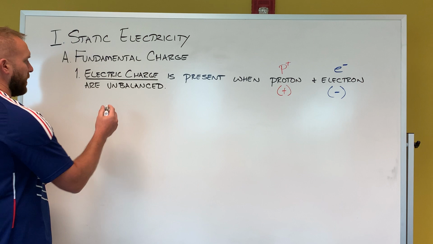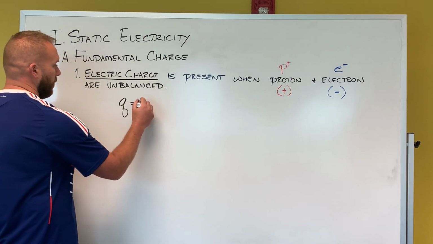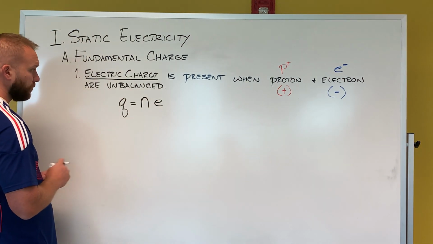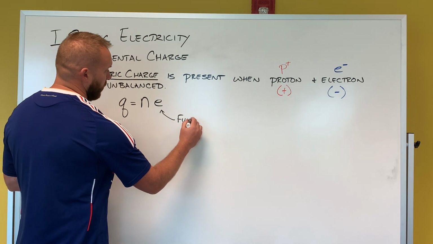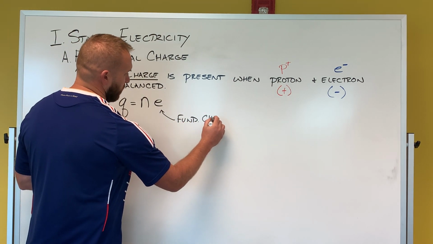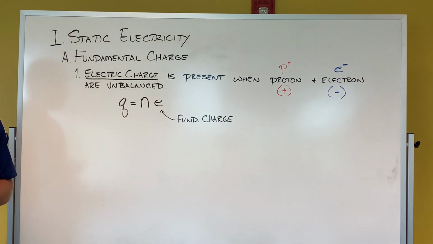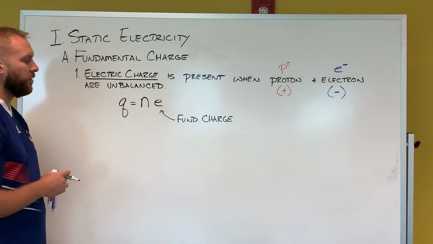And we're actually going to be able to calculate that charge using the equation Q equals NE, right? Where this E is our fundamental charge. It is the charge of a proton or an electron. If we just had a single proton or single electron, what would that charge be?